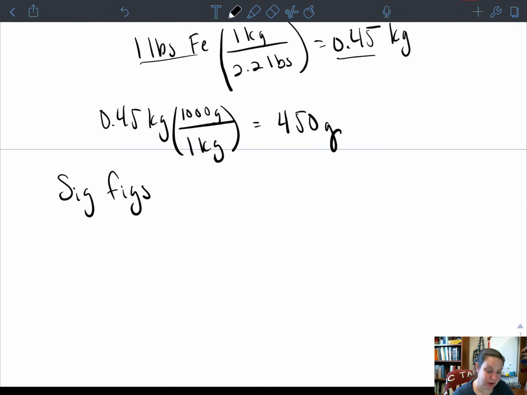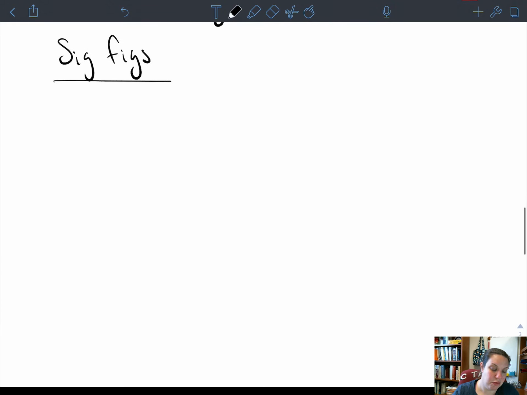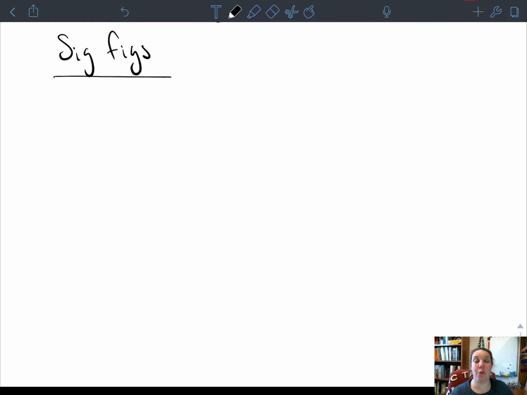So our significant figures tells us how precise the measurement is. So whenever we have a value, we can say how many significant figures that value has. And then, once we know how many significant figures a value has, we can determine, if we do some sort of calculation with that value, how many significant figures our end value should have.